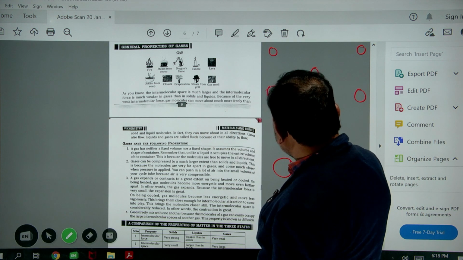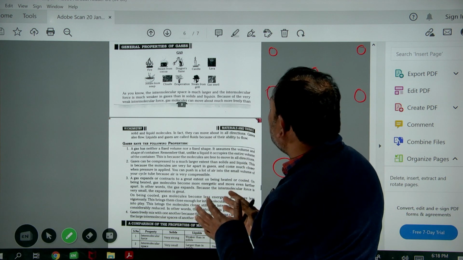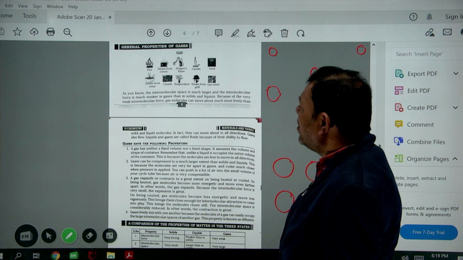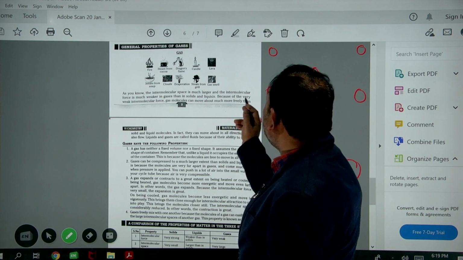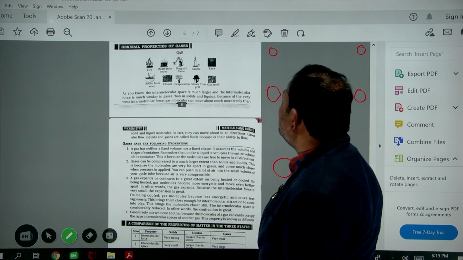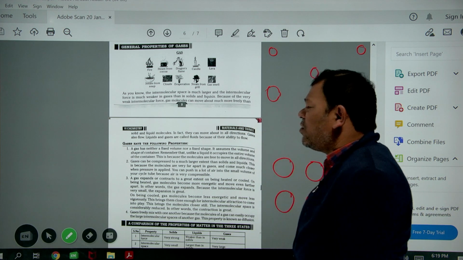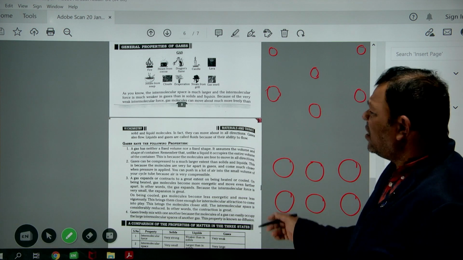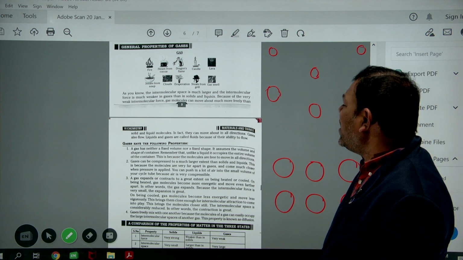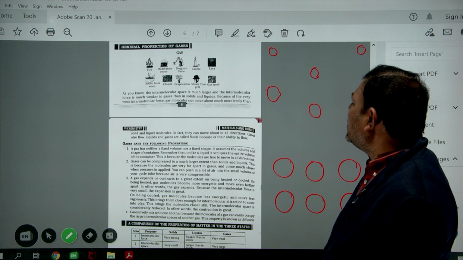Compared to solids and liquids, the intermolecular force is very weak. Because of this, gas molecules can move about much more freely than those of solids and liquids, in all directions.